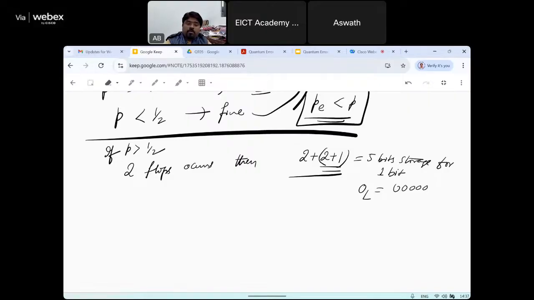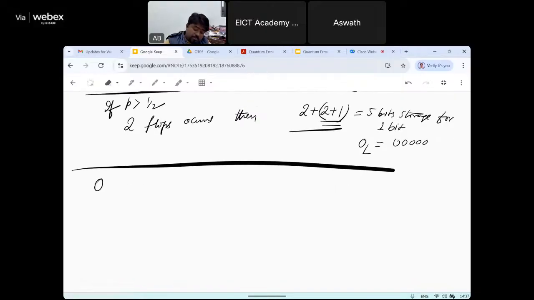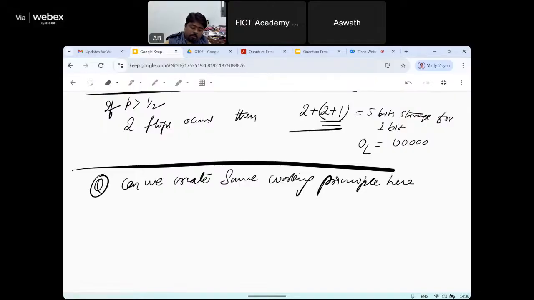People used it in classical computing. So can we do that in quantum computing, in quantum error correction? The question is, can we create the same working principle here in quantum computing, using logical bits creation?